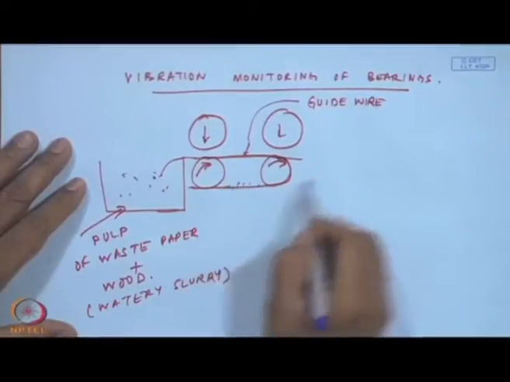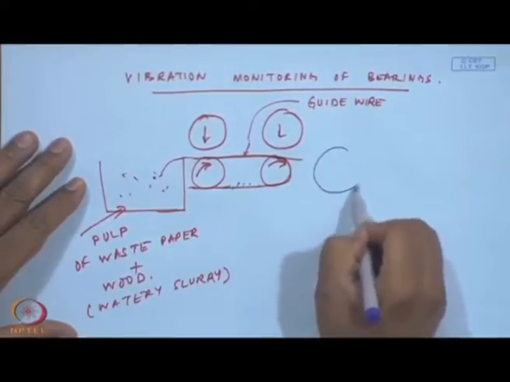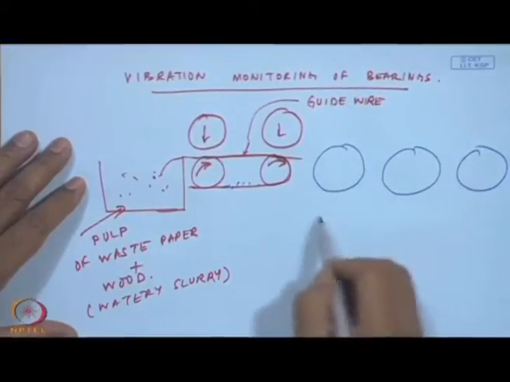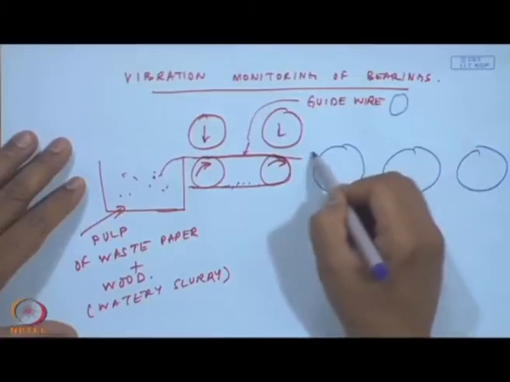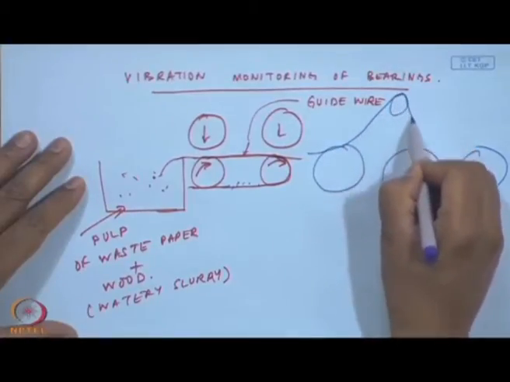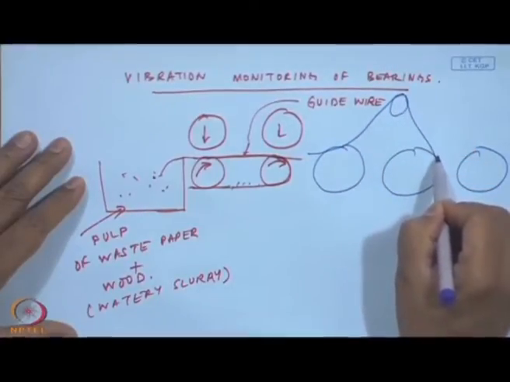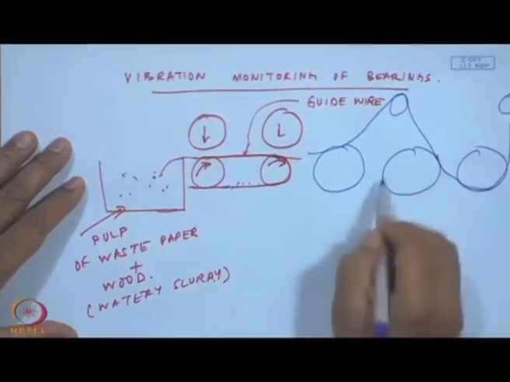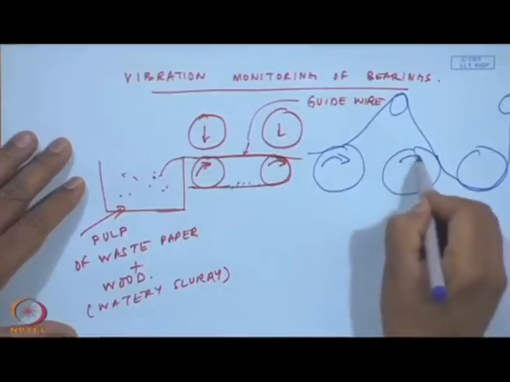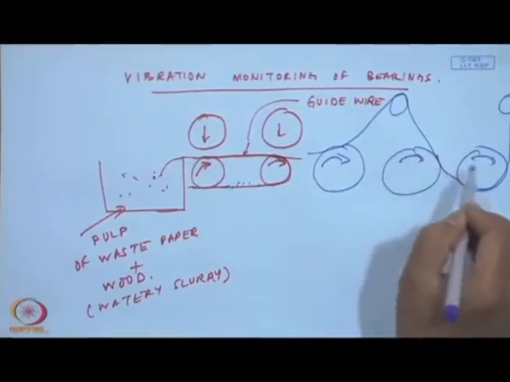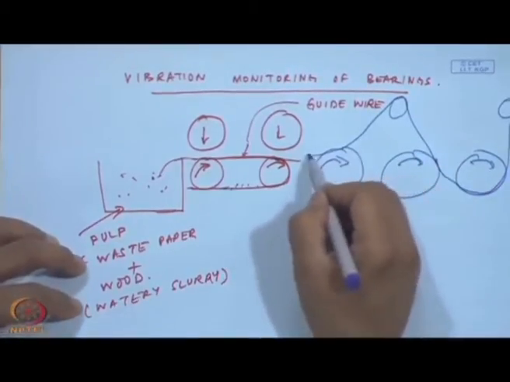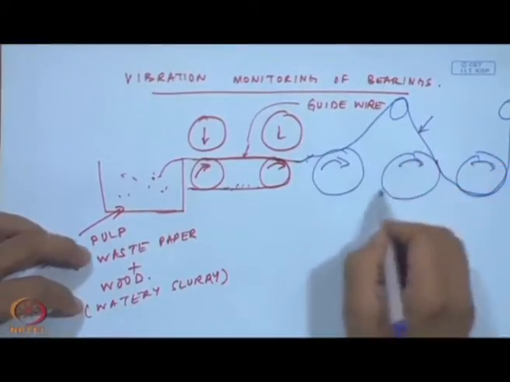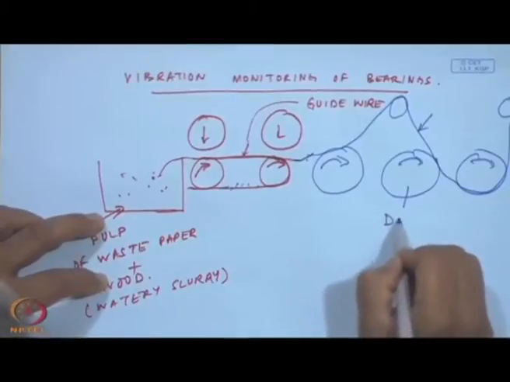Then there will be another series of rolls, all rotating at very high speeds. Eventually these rolls will take it off, and finally these are known as the dryer rolls.